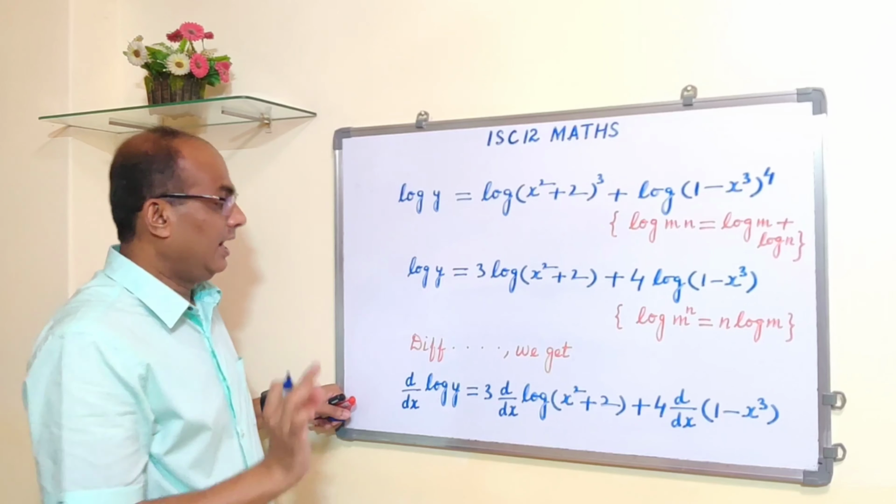Is that fine? Now y will come this side. dy upon dx is equal to y into this much, therefore dy upon dx is equal to y, and in bracket this whole thing.